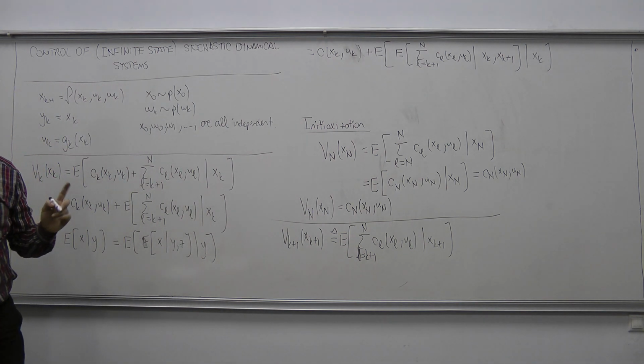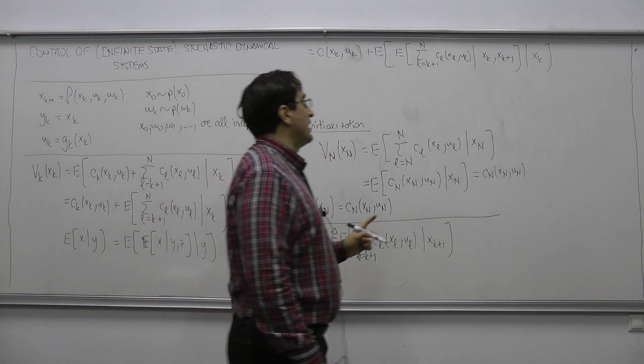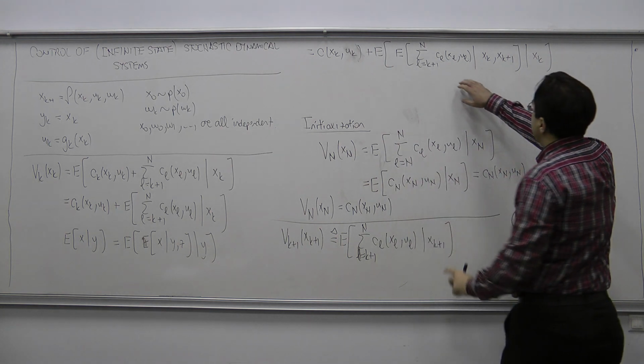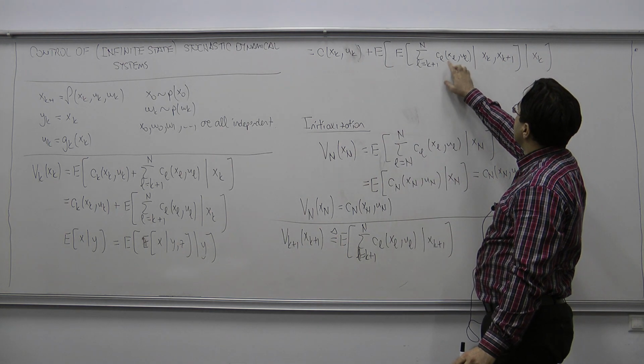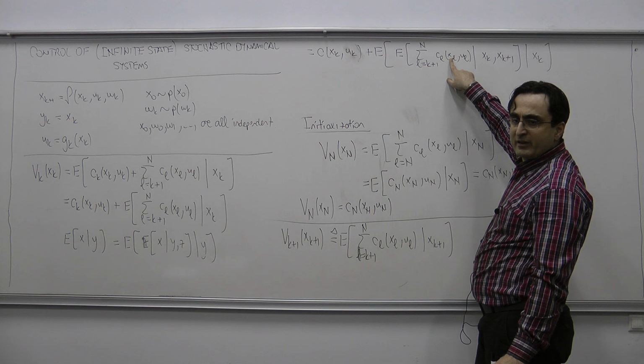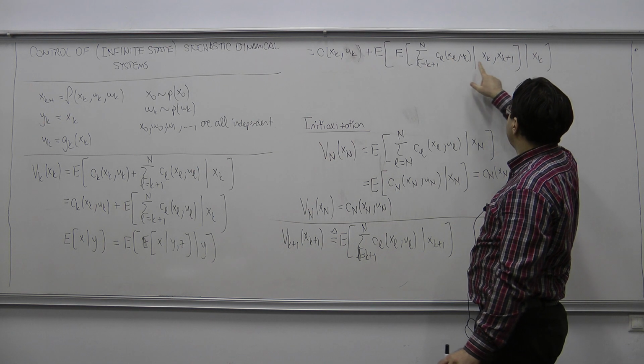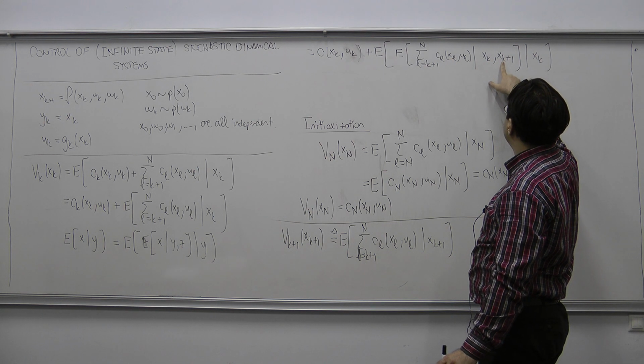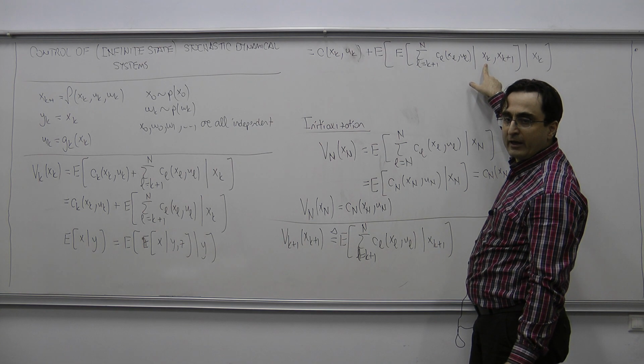So now is the time to use the Markov property. I know that in this summation, the x's start from xk plus 1. And in the given conditions, I have xk plus 1 and xk.